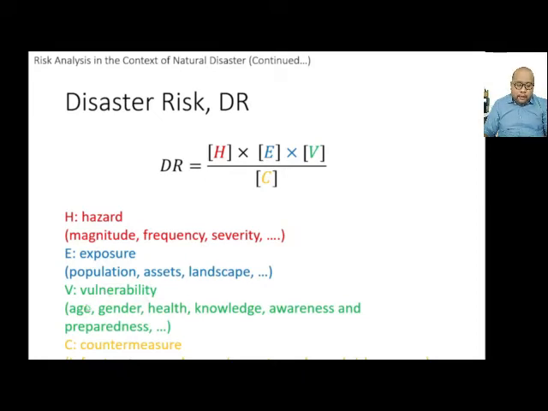Okay, something like the age of the people, gender, health, knowledge, awareness, and preparedness, and then divided by the countermeasure. Countermeasure is something like infrastructure we build, or the early warning system and hazard risk map, etc.